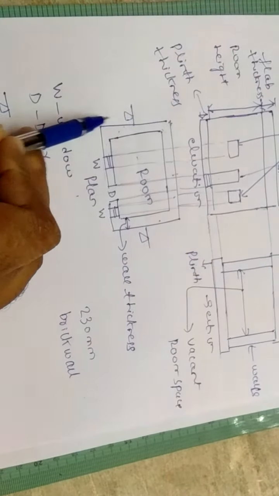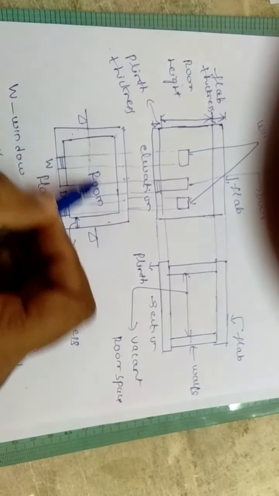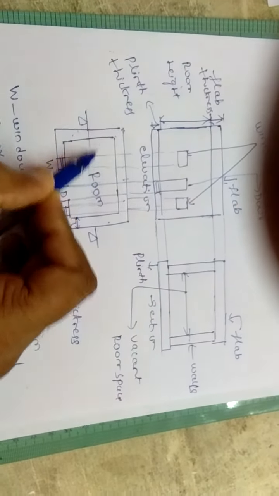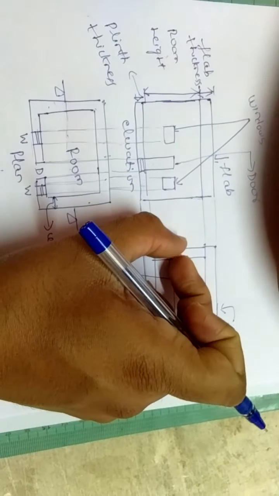In this visible portion, I am able to see the slab, and I am able to see the wall thickness here and this wall thickness also, and this much vacant space, and that is what I have represented here. This is the wall height, and this is the wall thickness.